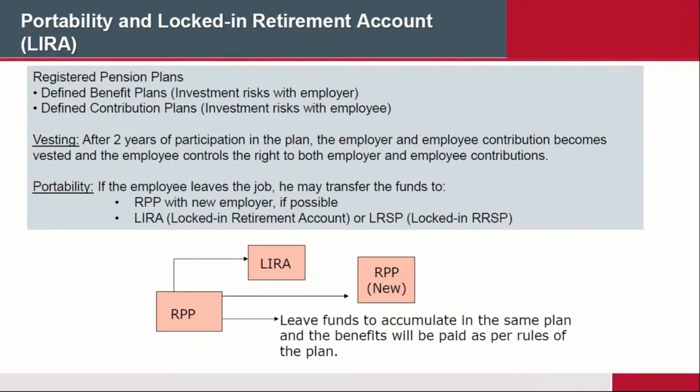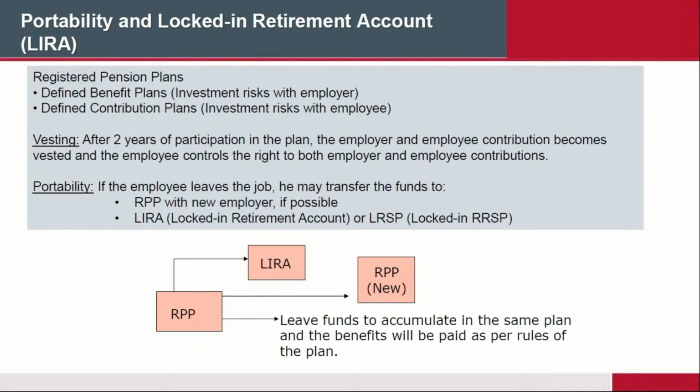In all cases, whether it is defined benefit or defined contribution, the money belongs to you after 2 years of participation. In other words, money must vest to the employee no later than the second year. Some companies will do it in the first year. Some companies will do immediate, but for the most part, under the Pension Act, you cannot have any longer than a 2-year vesting period.